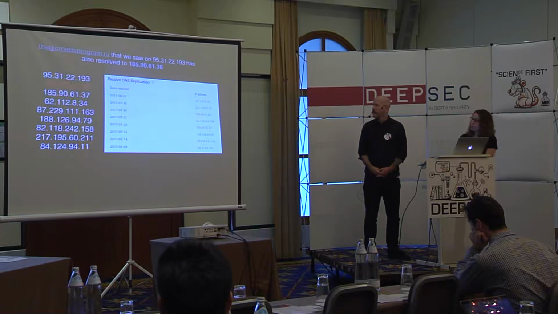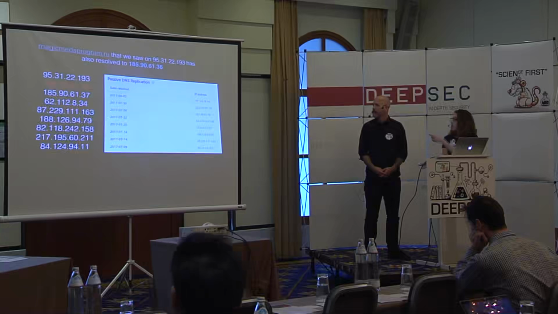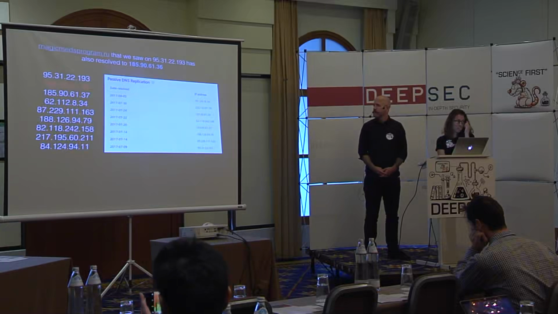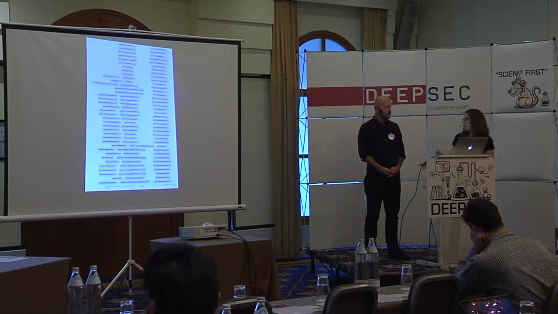So moving on from one of those domains we found on the beginning IP address, if we query for that domain in VirusTotal, we'll see the list of IP addresses that it has resolved to historically in the past. So this one IP address here, the 185, we made a visualization about that IP.